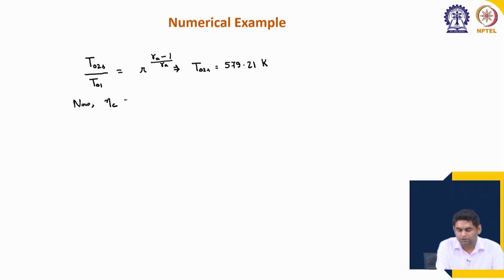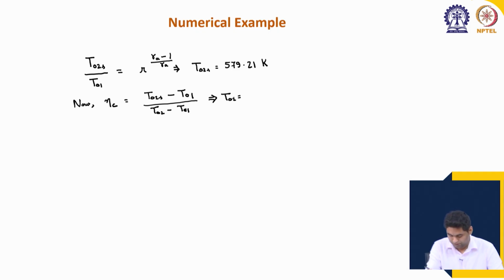Now eta C is equal to T02s, which is a known quantity, we have already calculated. T01 is known quantity 300 Kelvin by T02 minus T01. T01 again is a known quantity. So, everything is known here. So, we get from here the value of T02.